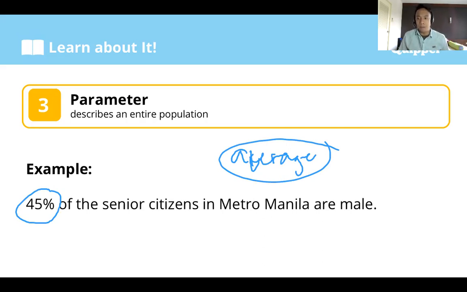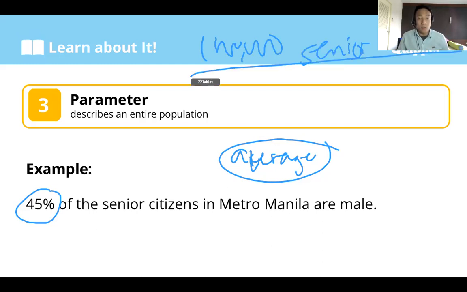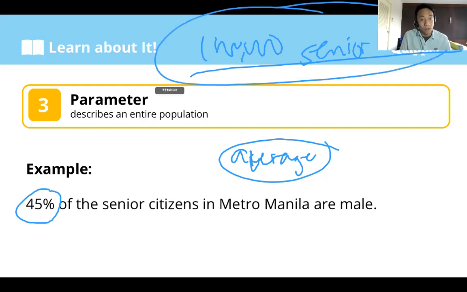Or for example, you can say 100,000 senior citizens. This is the population, right? So if you are doing parameter, you are just describing a part of your population.